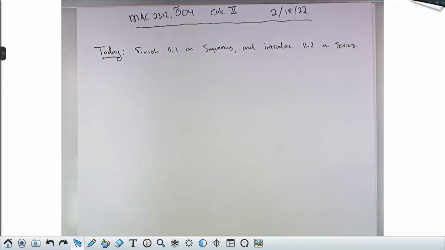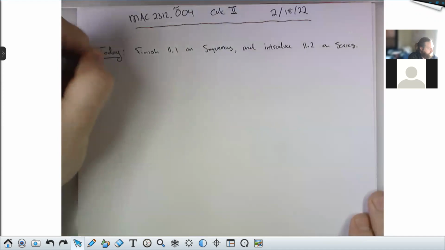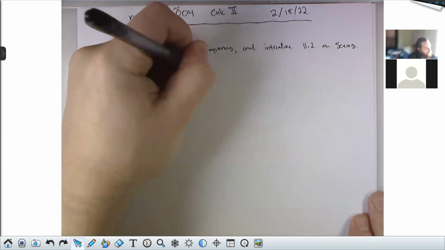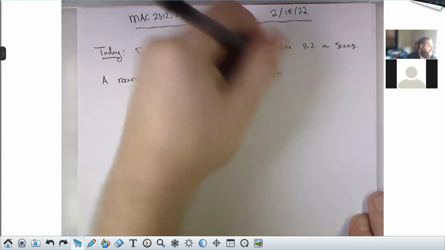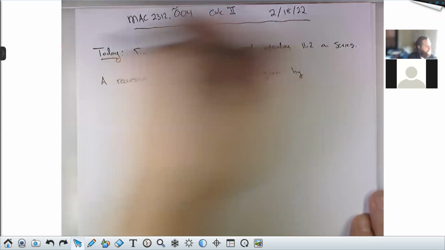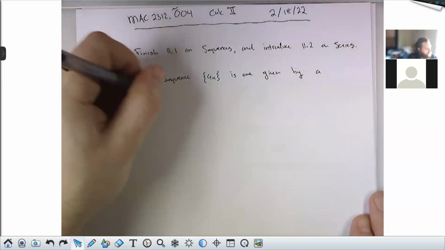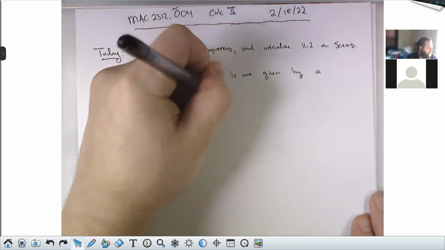So a recursive sequence is one given by two things: a recurrence relation and a set of what are called initial conditions or initial values.